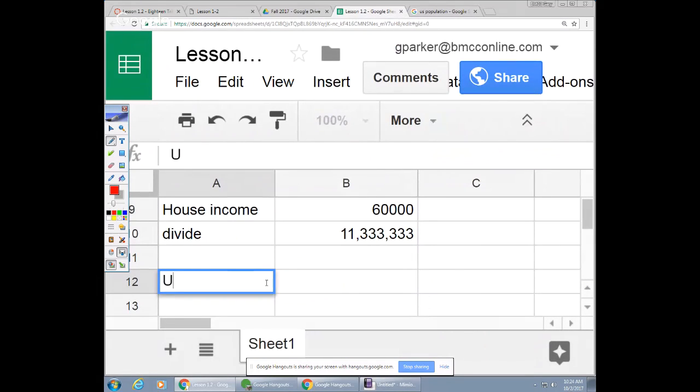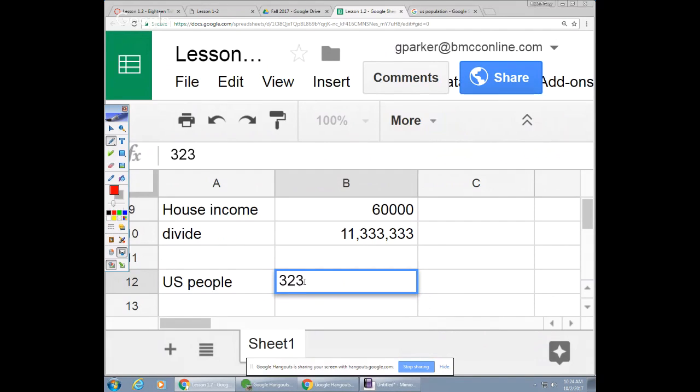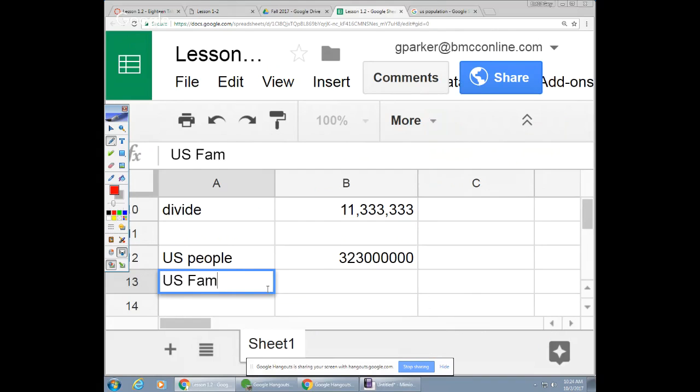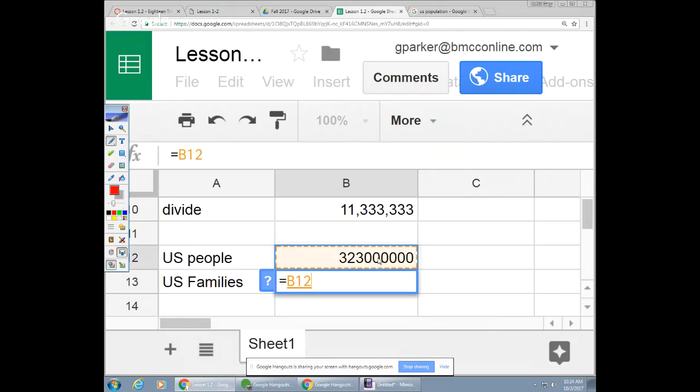So US people, about 323 million. 1, 2, 3, 4, 5, 6, right? So US families, that divided by 4.